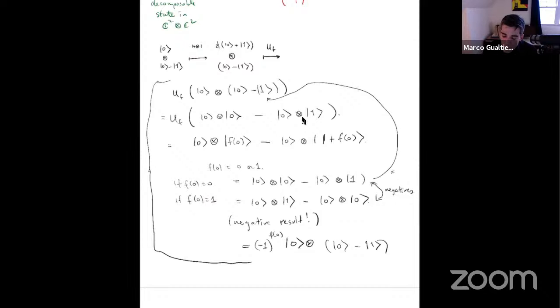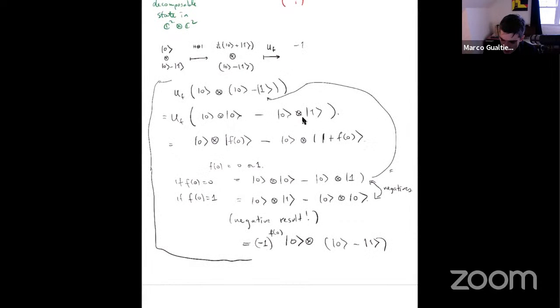So in total, what we get is minus 1 to the f of 0 times 0 plus minus 1 to the f of 1 times 1, tensored with 0 minus 1. Almost as if it didn't affect the second argument. But you have to keep in mind, these are bilinear operations. Okay, and then there's a 1 over square root 2, which I forgot.